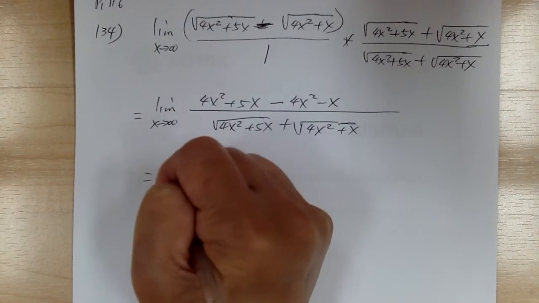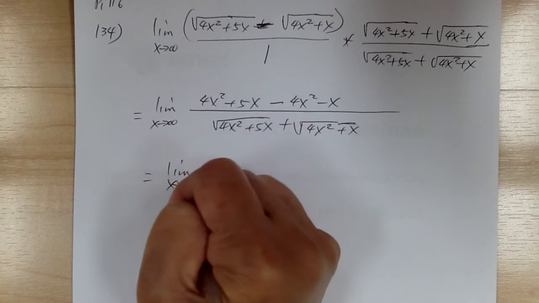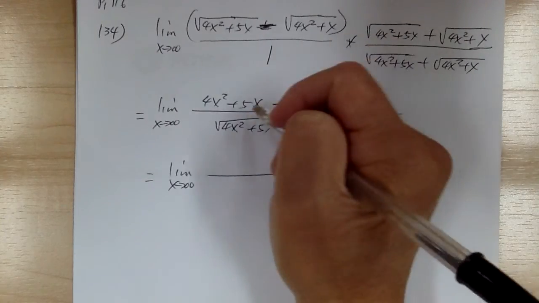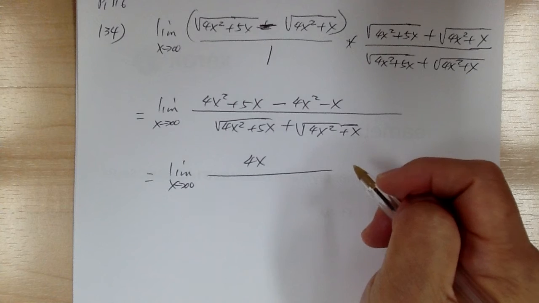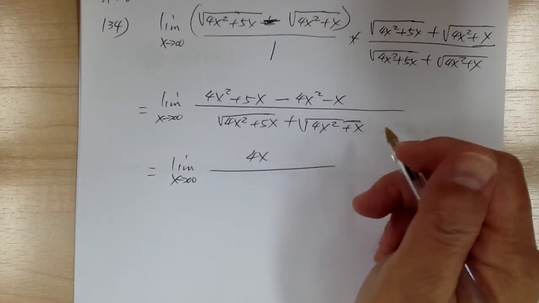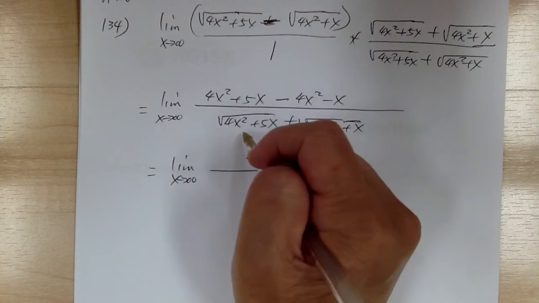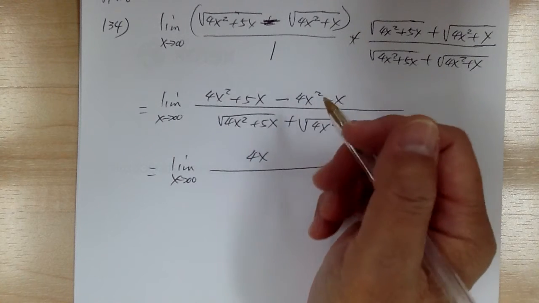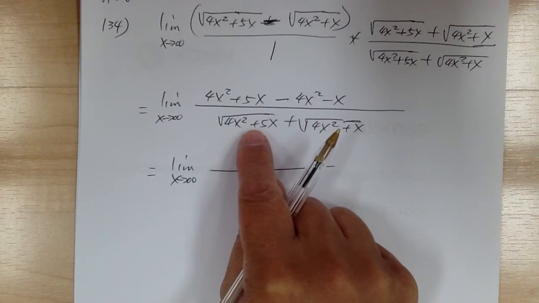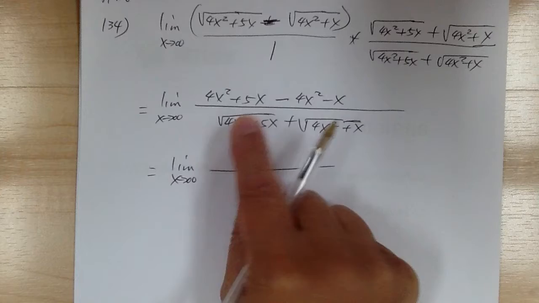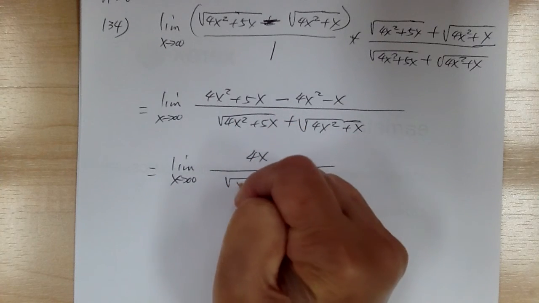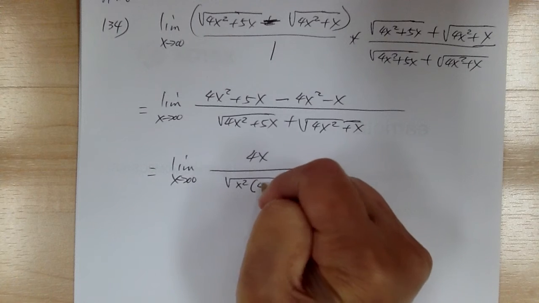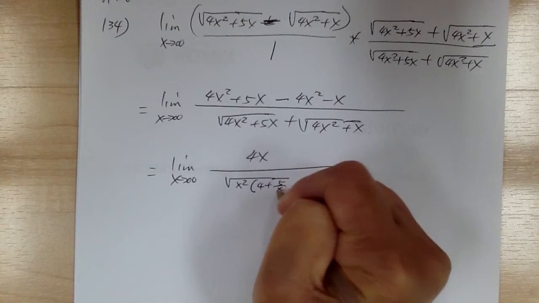So this will equal the limit of, so this will all cancel, so you're going to get 4x on the top. And on the bottom, I'm going to factor out the x squared. So I'm going to get x squared times 4 plus 5 over x.